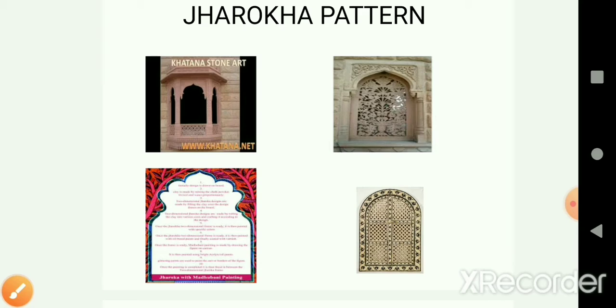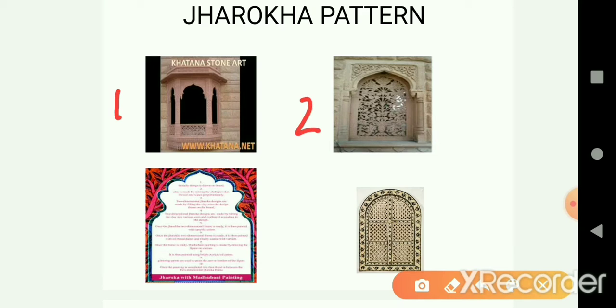Look at the Jarokha pattern given here. There are 4 pictures I have taken to explain to you about the Jarokha pattern. Look at the pattern, first, second, third and fourth.